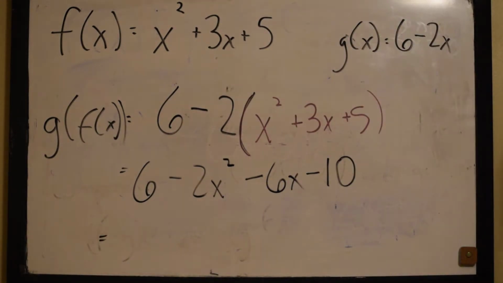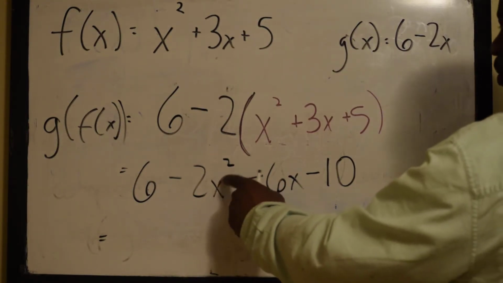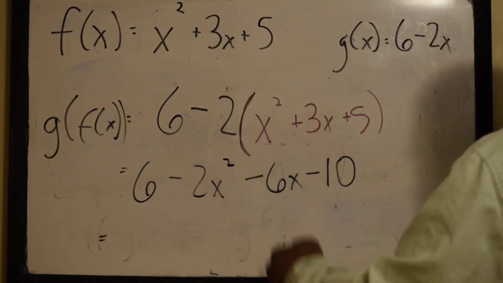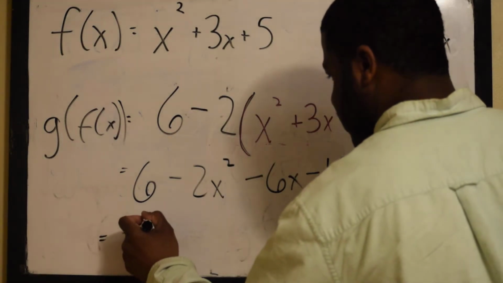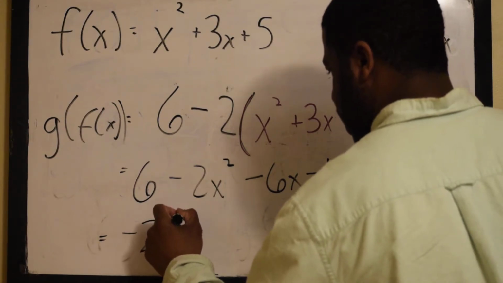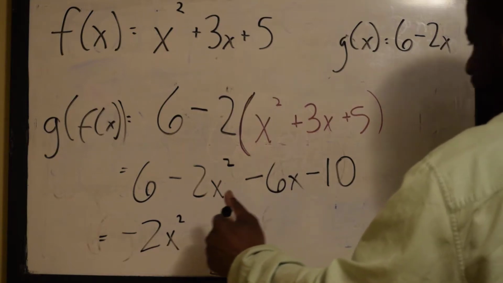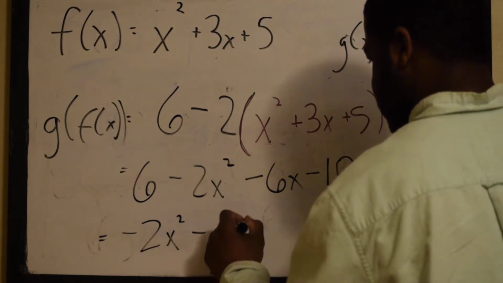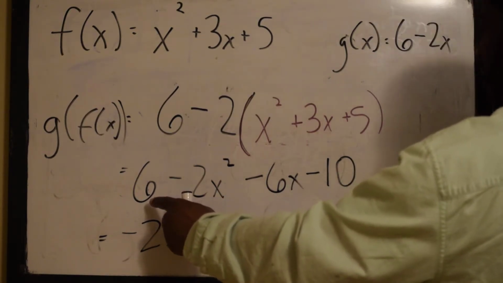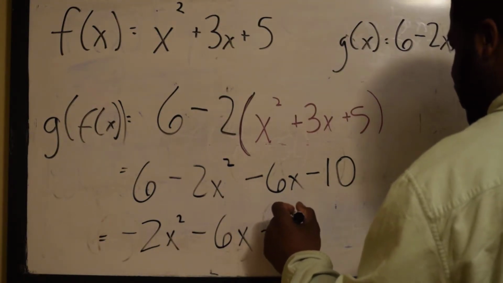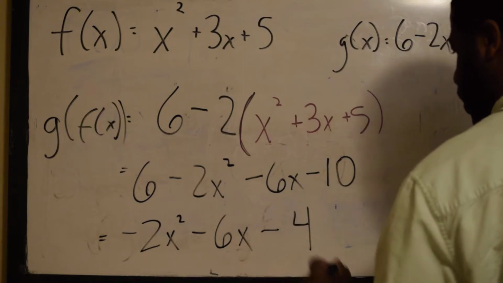Okay, so now this is a polynomial, so we should go in descending order. So I'm going to start with my x squared term since it's the highest degree. So that is negative 2x squared, negative 6x, and then a positive 6 minus 10 gives us a negative 4.